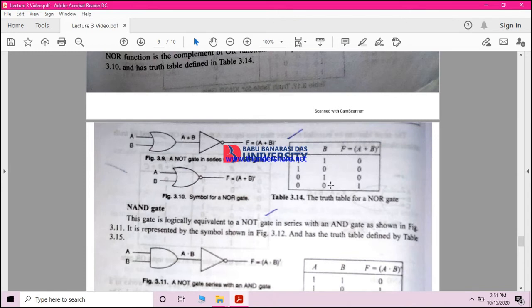Whatever the output for the OR gate, the output will get complemented. So 0 becomes 1 and 1 becomes 0. You can check with the previous truth table of the OR gate. The symbol of the NOR gate is simply an OR gate with a circle in front of it.